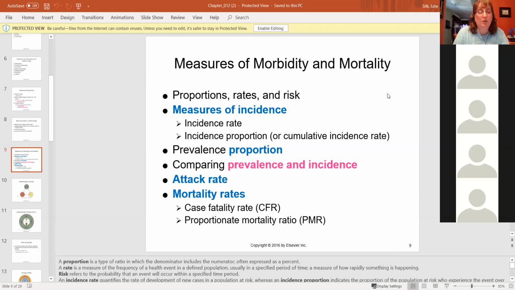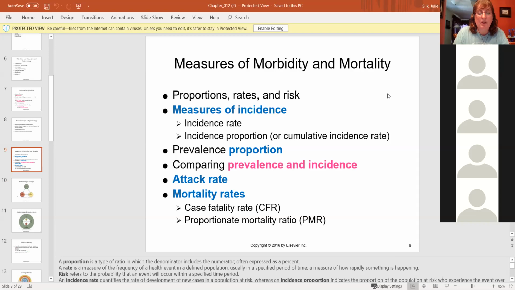Prevalence proportion is a measure of existing disease in a population at a particular time, so the number of existing cases divided by the current population. And attack rate is defined as the proportion of persons who are exposed to an agent and develop the disease, and is often specific to an exposure.